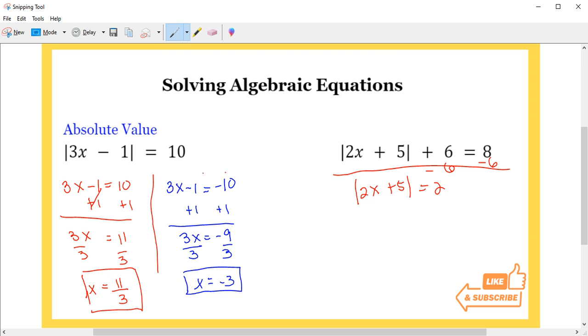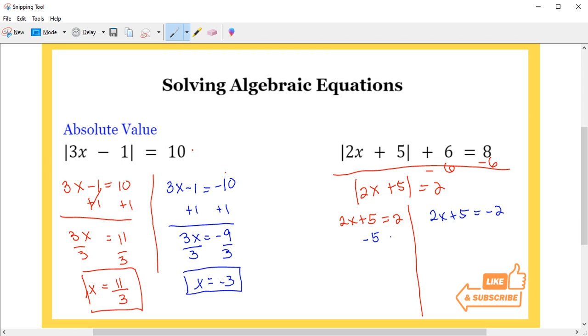Now this is just like the first example. We are ready to separate them, one positive, one negative. The first one is 2x plus 5, no more absolute value, equals 2. The second one is 2x plus 5 equals negative 2. Then we will solve them separately.